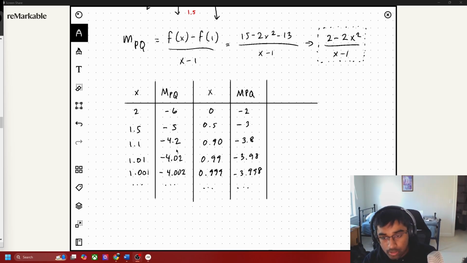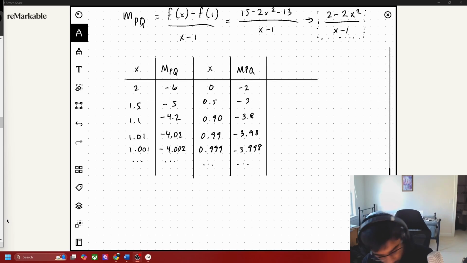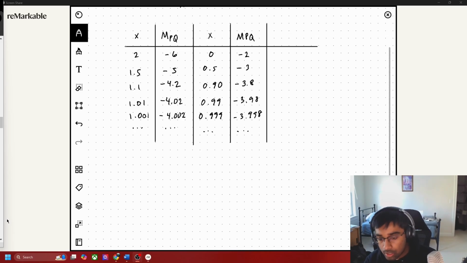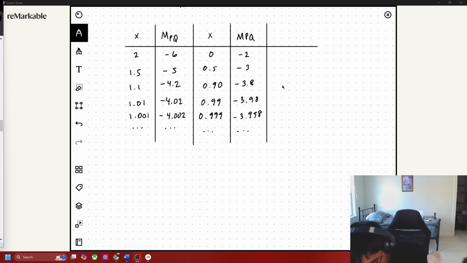As you can probably tell just from this table alone, while we don't have an actual number, you can infer that the slope at x equals 1 is approaching the value of negative 4, and that's what we just solved here. You can see it's getting closer and closer to negative 4 from this side of the graph.